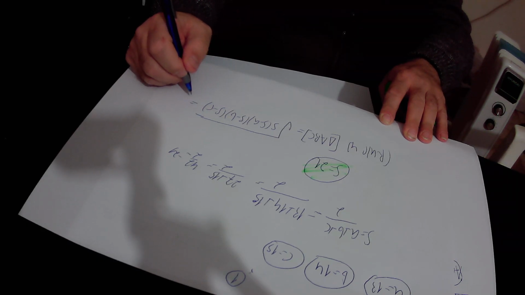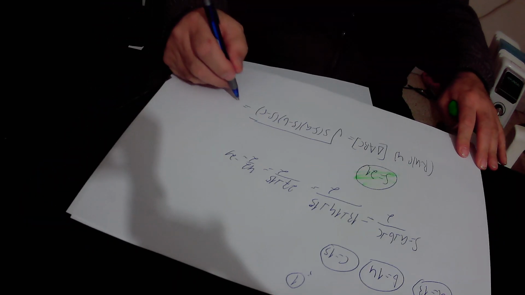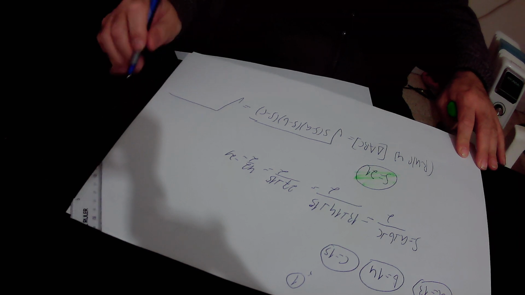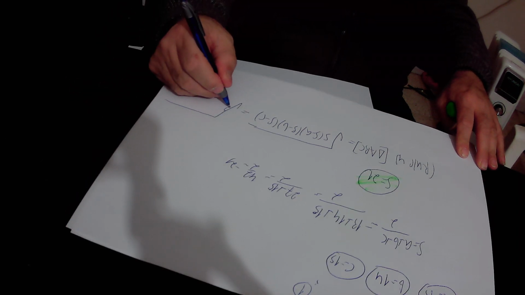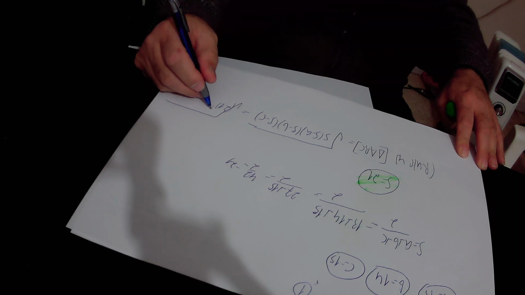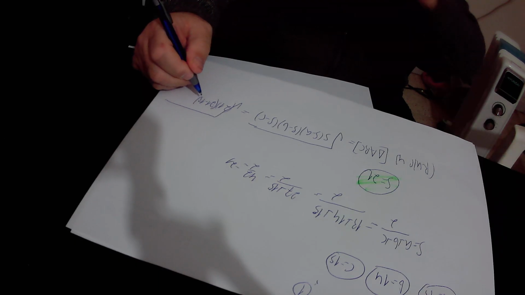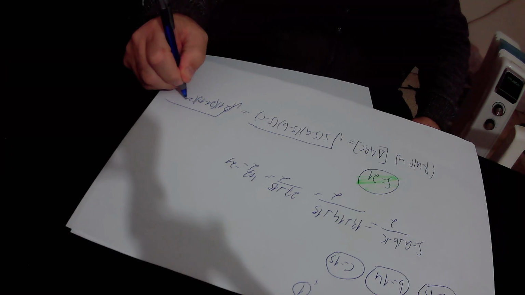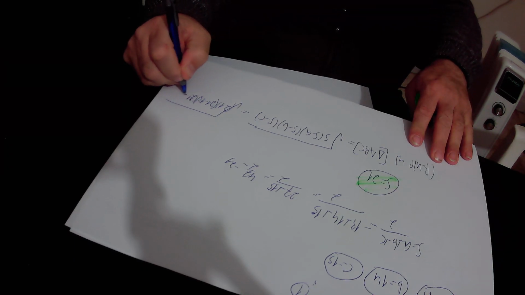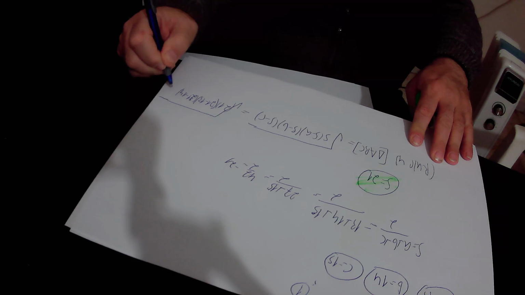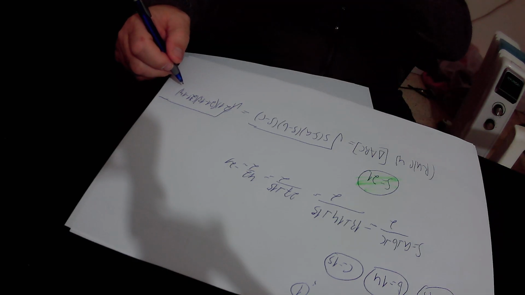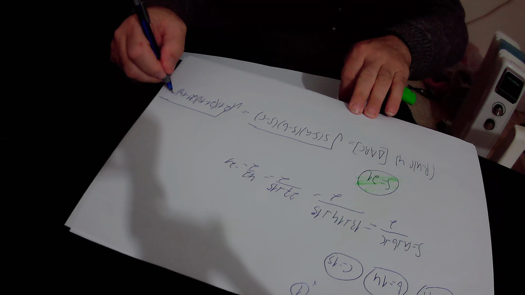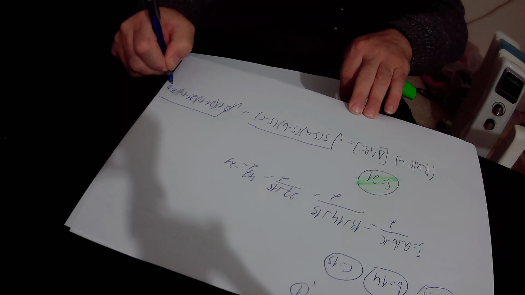So it equals the square root of S, where S is 21, times S minus a, which is 21 minus 13, times S minus b, which is 21 minus 14, times S minus c, which is 21 minus 15.